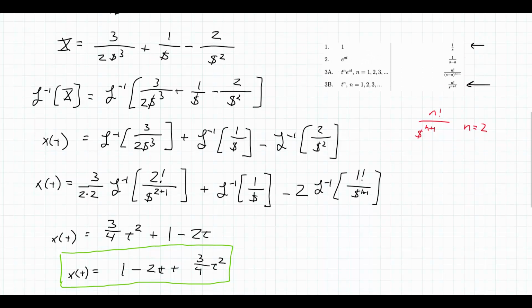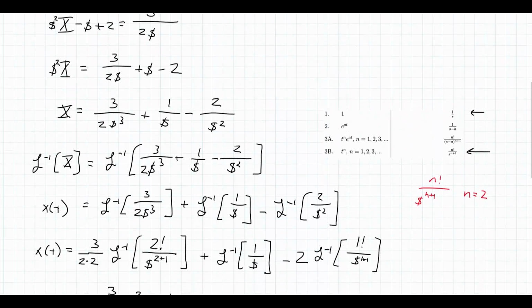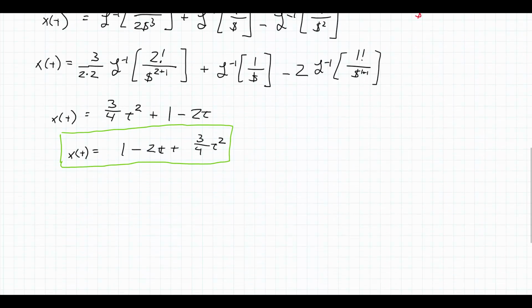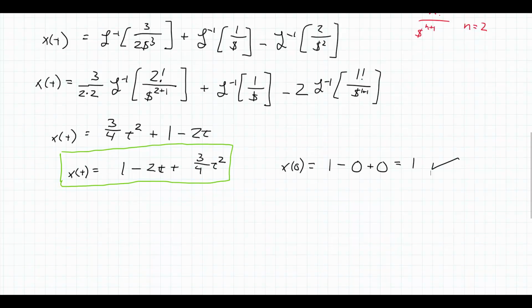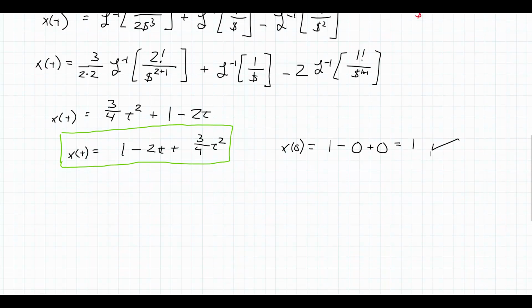And we can just do a quick check on our initial conditions, make sure that this solution satisfies both of them. So x of 0 is 1, x dot of 0 is negative 2. So let's evaluate x of 0, make sure that it matches. If I put 0 in for t, I'm going to get 1 minus 0 plus 0, which is 1. So x of 0 is 1, that's my first initial condition.